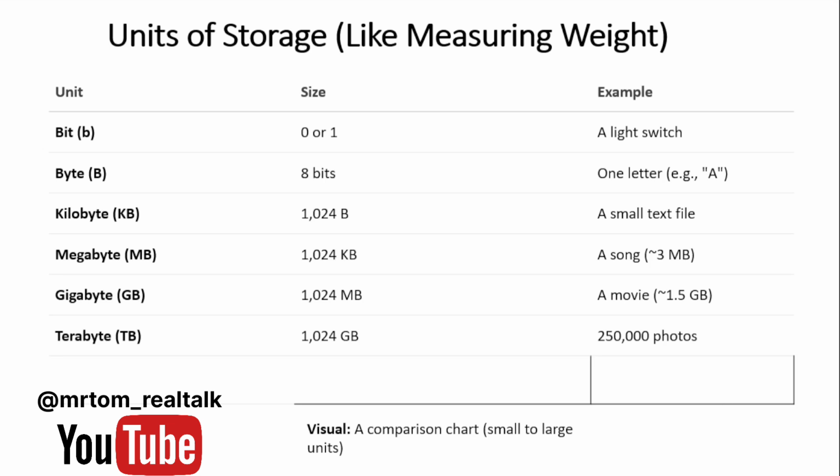It can store a lot of documents. You can store thousands of photos, thousands of videos without getting filled up. So this is a simple comparison chart from small to large: bit, byte, kilobyte, megabyte, gigabyte, and terabyte.